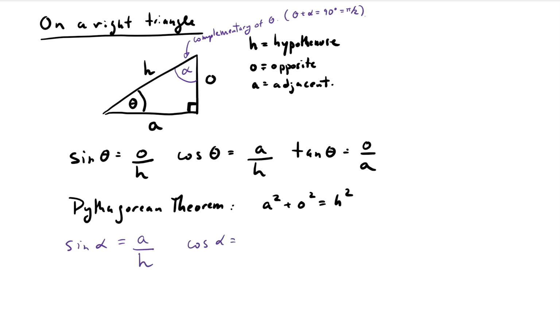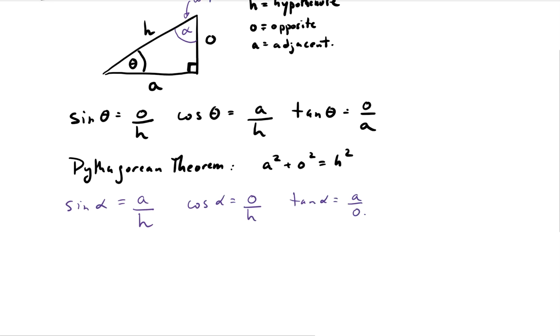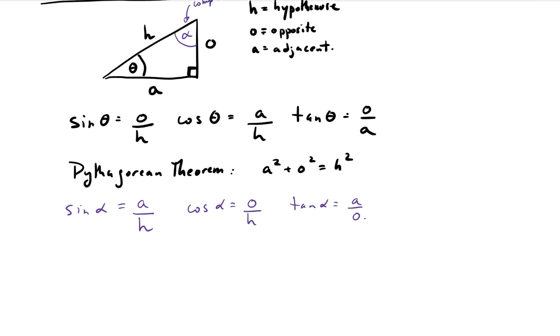Cos of alpha is adjacent over hypotenuse, but the adjacent side to alpha is O now. And tangent would be A over O. But I want to look specifically at sine and cosine of alpha, and notice that A over H was before the cosine of theta, and this before was the sine of theta.